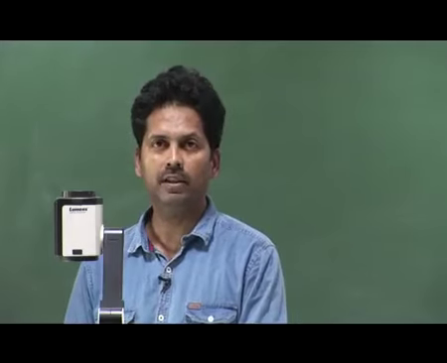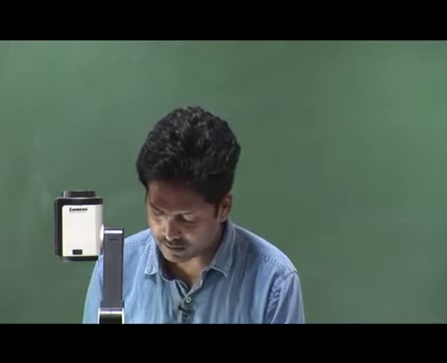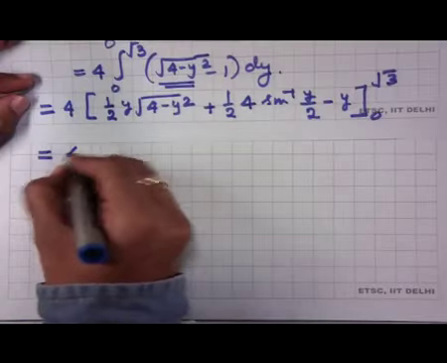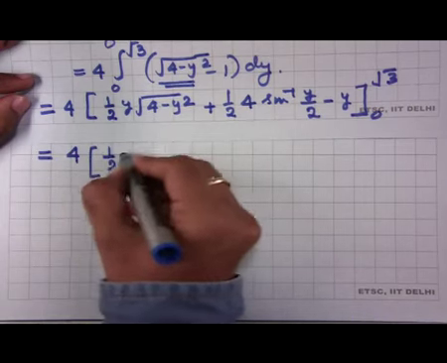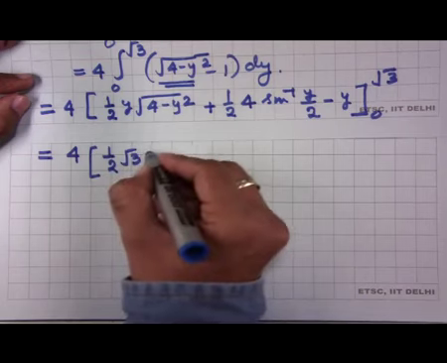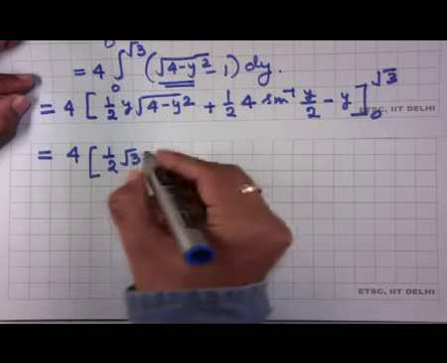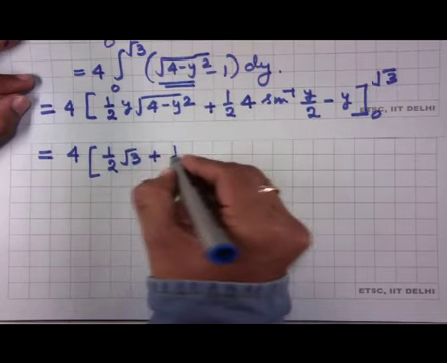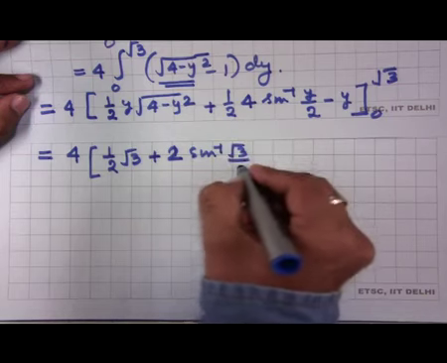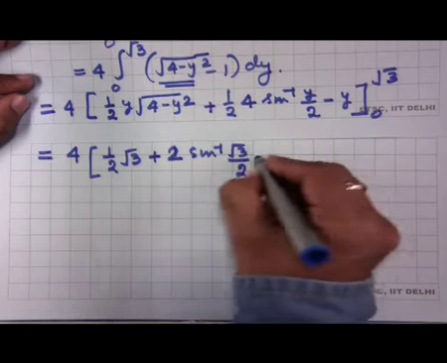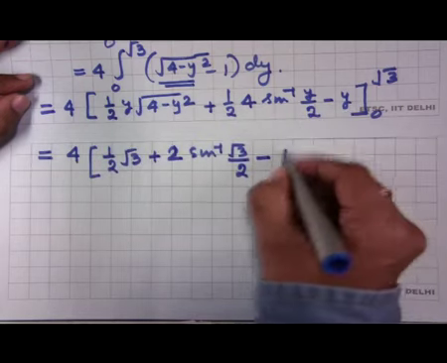Let us evaluate this and get the final answer. So, we get this is equal to 4 times 1 by 2 root 3, this is 4 minus y square, that is 3. So, you get 1 plus 2 sine inverse root 3 by 2, minus at 0 it will be 0, and this also will be 0.